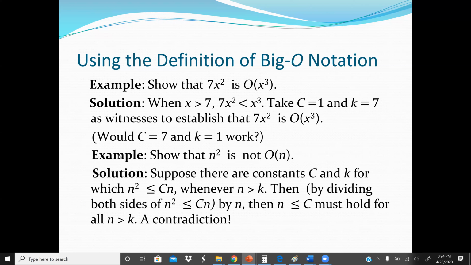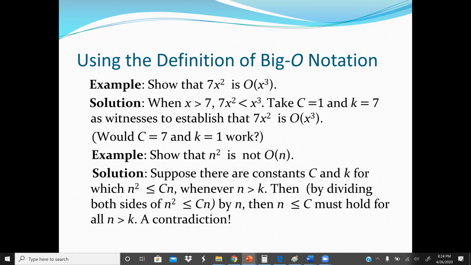Now, a question says, will c equal to 7 and k equal to 1 work? So let's show that n squared is not big O of n.